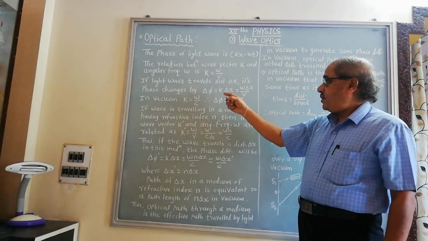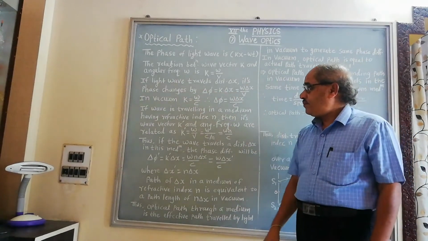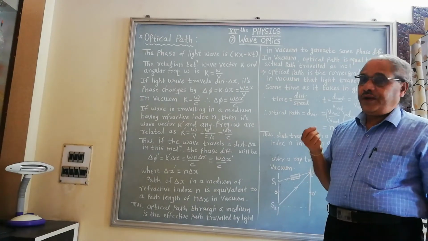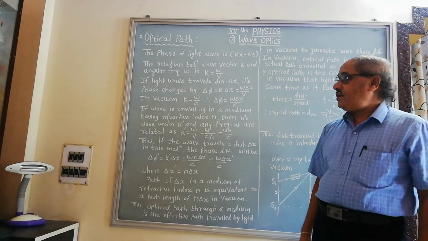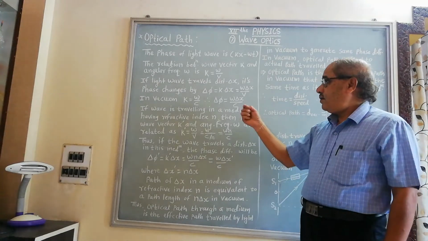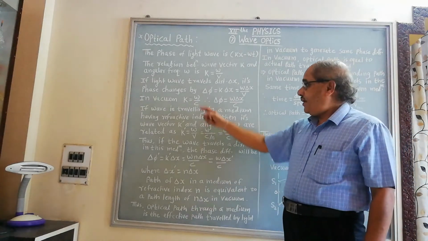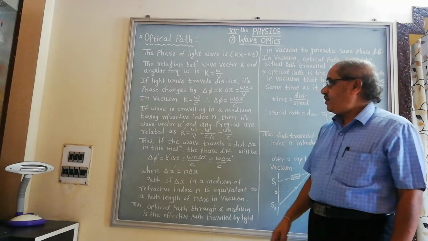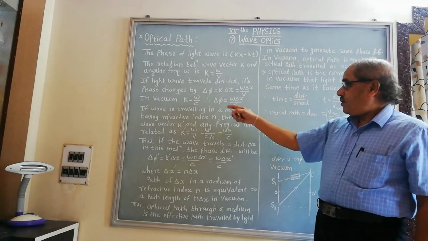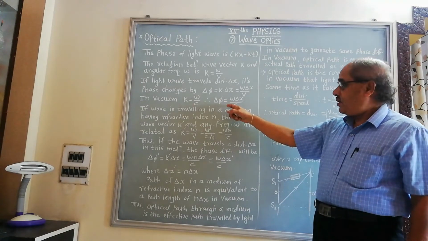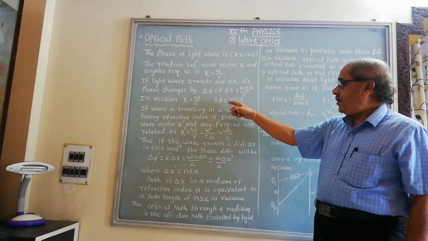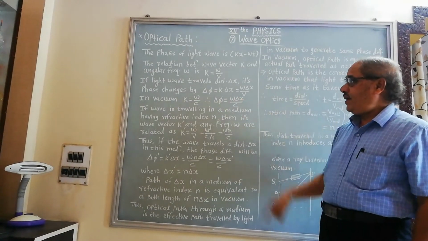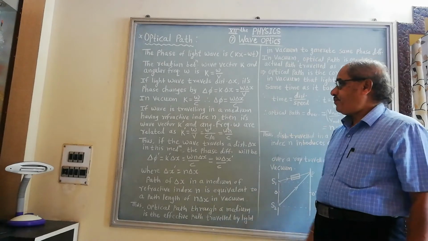So this is the change in phase. Now when the wave is traveling in vacuum, wave vector k is equal to omega by c, and the change in phase delta phi is equal to omega delta x by c.